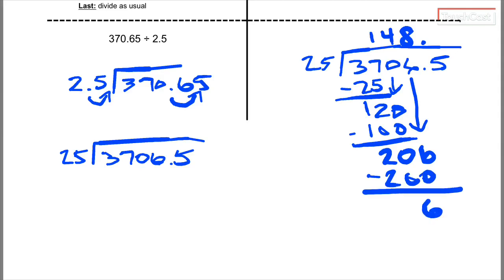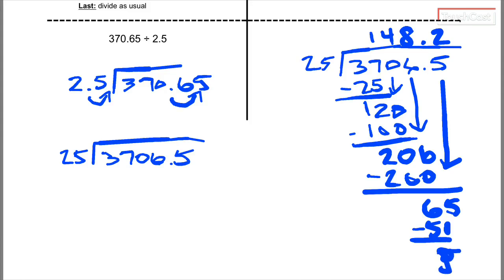We bring down the 5 because we still have a remainder of 6. 25 goes into 65 twice. 2 times 25 is 50. Oops. We have a remainder of 15.